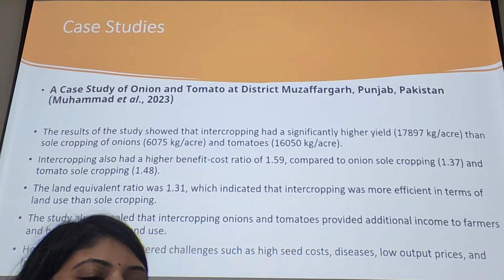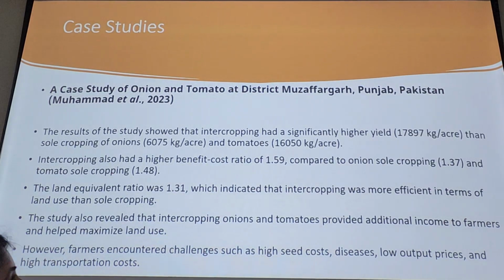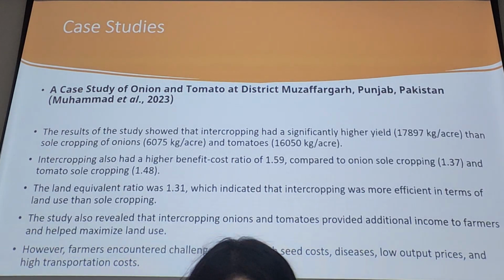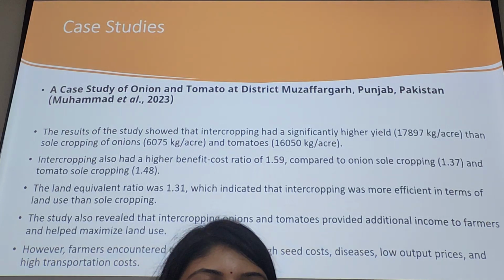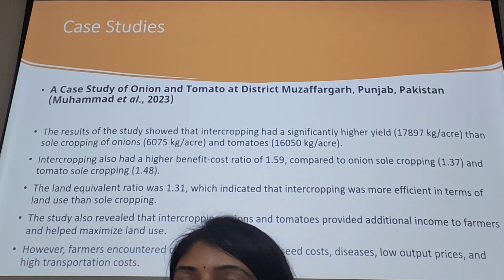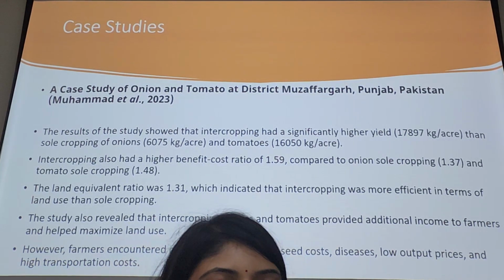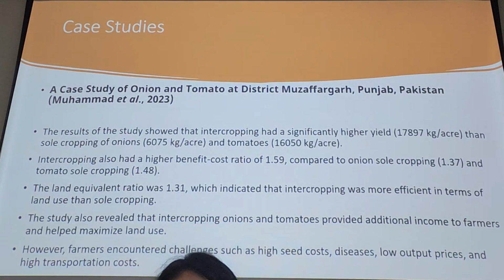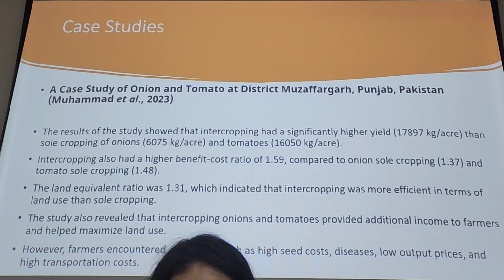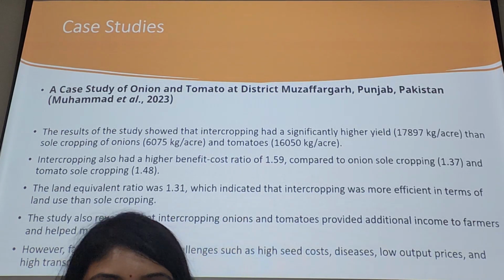Okay, this is a case study of onion and tomato in Pakistan. In this study, the onion and tomato were planted in a row intercrop, and the results showed that the intercropping had significantly higher yield compared to monocrop of the onions and tomatoes. It also had a higher benefit cost ratio.